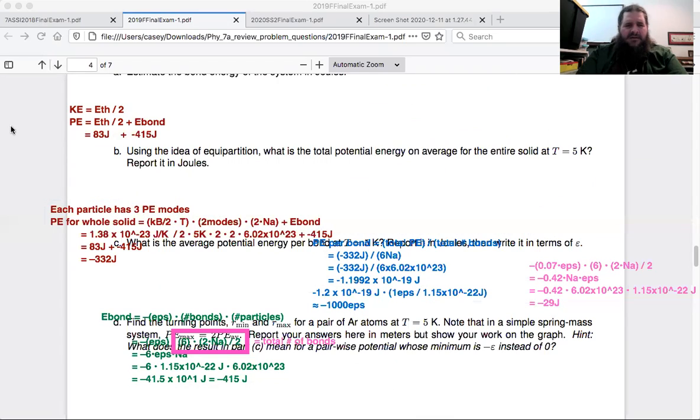I got a different value for the negative 1.1. Okay, and what did you get? I got negative 9.19 times 10 to the negative 23. Okay, that sounds more reasonable. What did you do to get that? I think maybe you plugged it differently, but it was the same thing. I just think you plugged it wrong in your calculator.